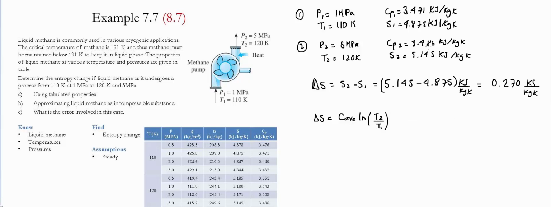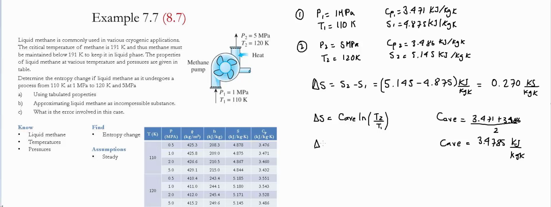So we have two values of CP, then we're going to find CP average, and that is simply going to be 3.471 plus 3.486 divided by 2. Therefore, the average value for CP is going to be equal to 3.4785, and this is going to be in kilojoules per kilogram Kelvin.